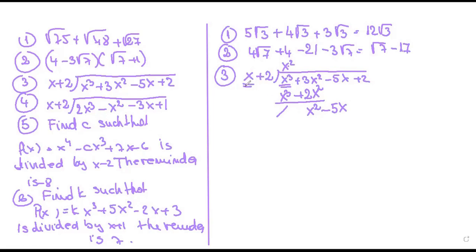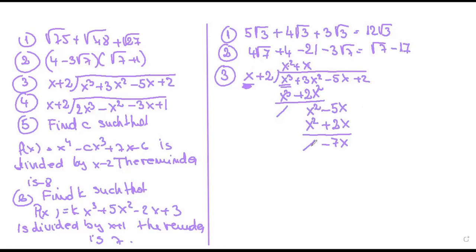X squared divided by x is plus x. X times x is x squared. X times 2 is plus 2x. X squared minus x squared cancel. Minus 5x minus 2x is minus 7x.